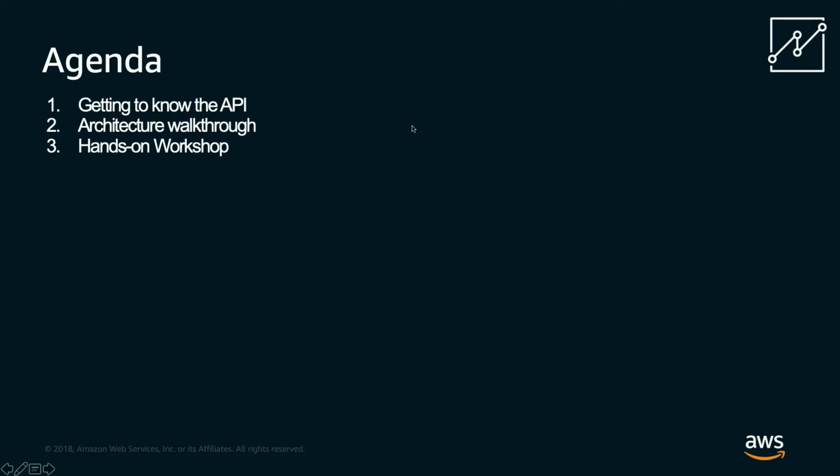What we have in the agenda today is first we will take a look at the API, get to know that. Then we will walk through the architecture of what we are going to build today. And we will be building two modes, both to simulate a static web page load as well as a dynamic web page load. And then we will actually build that out in this session, and then play with RLS in the mix as well.